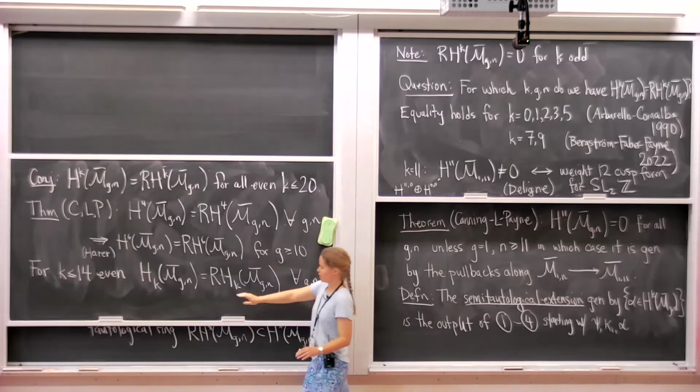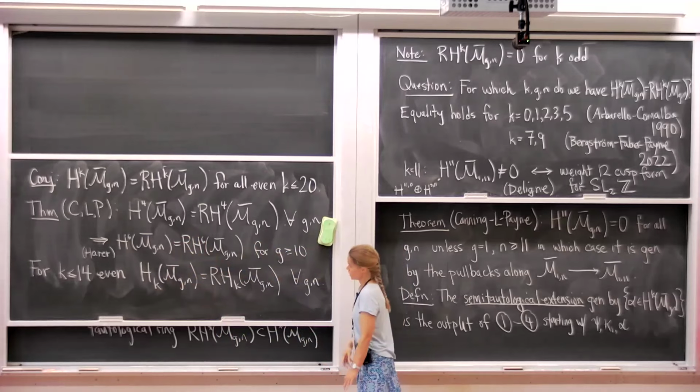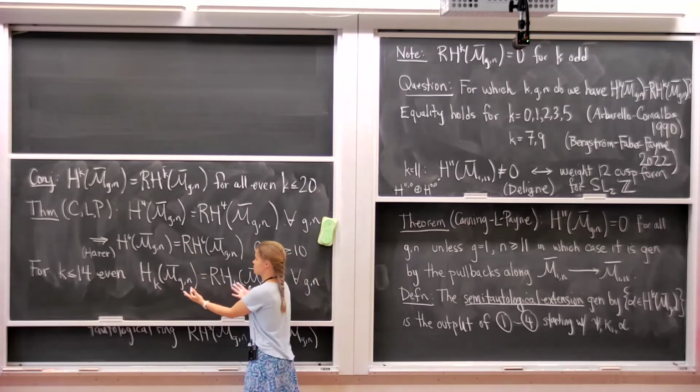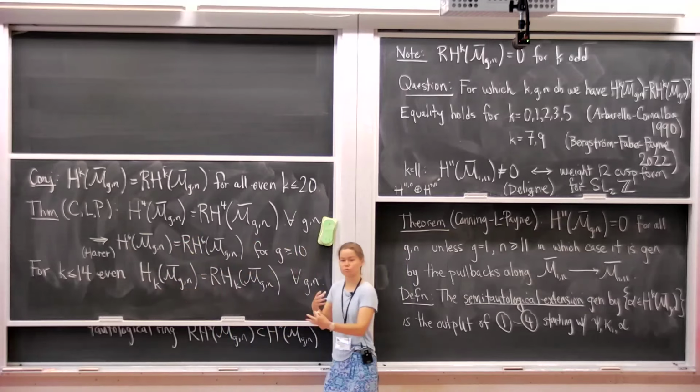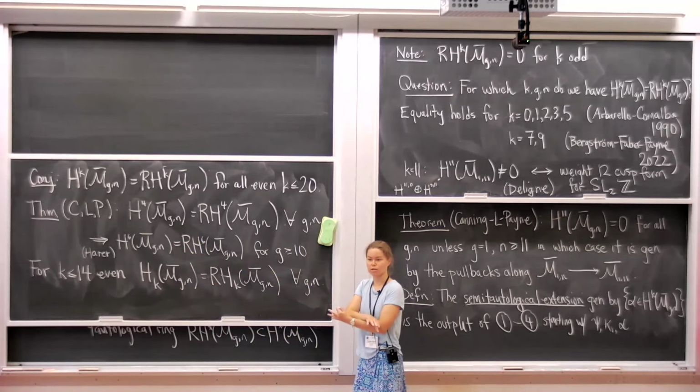And here by H_k, I mean H^{dimension minus k}. And this result follows from all the new base cases we knew about, together with the dual of the Arbarello and Cornalba induction.